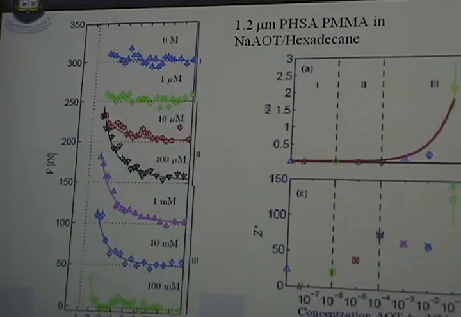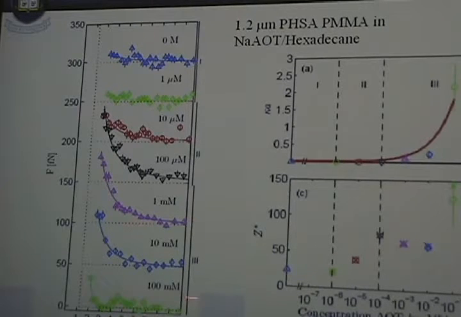So, in particular, we're interested in a system of polymer particles suspended in oil as we add different quantities of additive to the particle. If we add no additive to the material, we see a very weak repulsion that's close to the noise level. And as we add our mysterious additive to the material, you can see an evolution of the interactions between the particles.